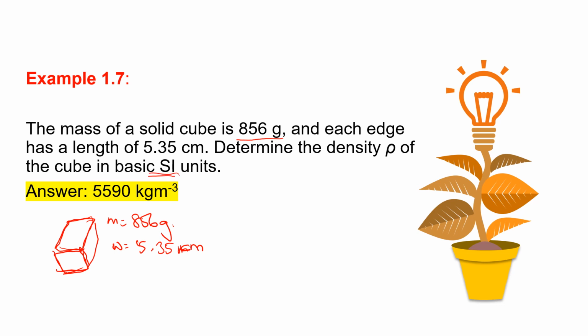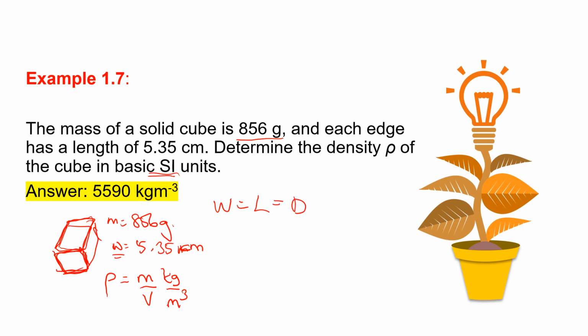So we know density is what? Mass per volume. Here the unit is kg, and here the unit is meter cube. They say here it is a solid cube and give W is equal to 5.35. So W is equal to length is equal to depth.